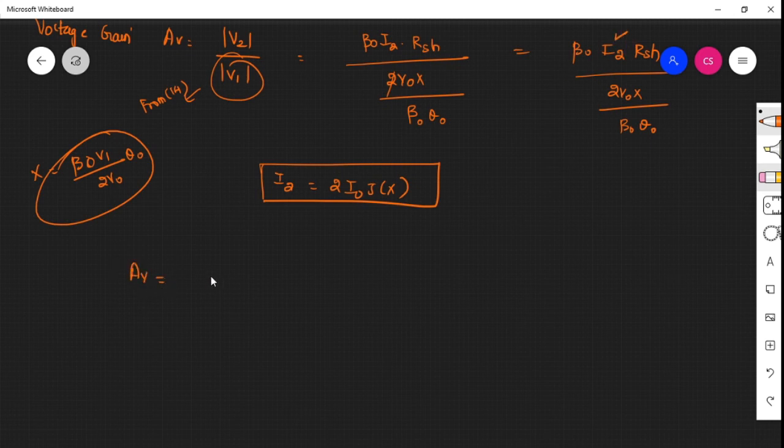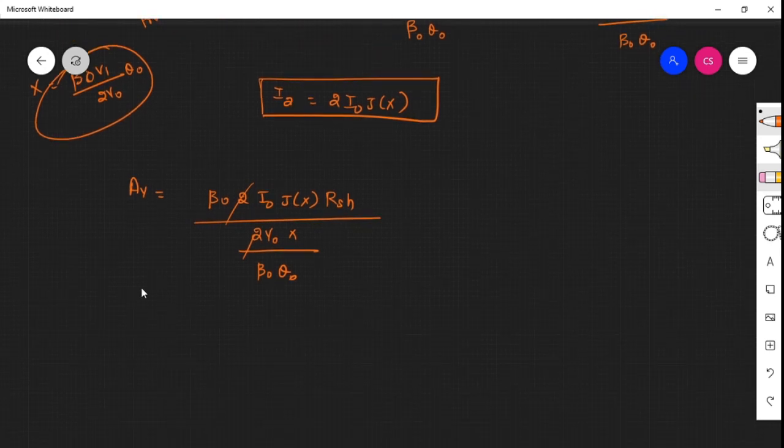So therefore the gain becomes beta naught into 2 I naught J of X RSH divided by 2 V naught X divided by beta naught theta naught. So this 2 can get cancelled, and therefore the final equation for the gain is given by beta naught square theta naught J of X RSH.